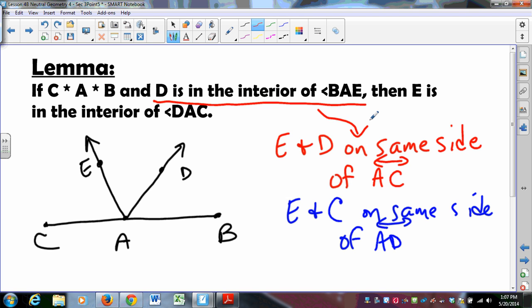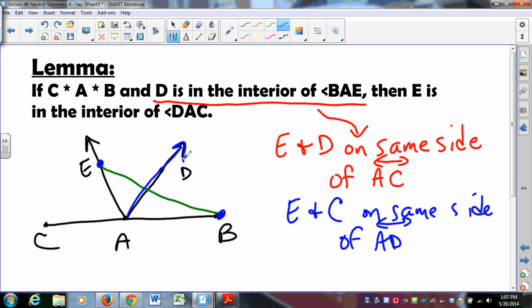And that means, oh goodness sakes, here comes the crossbar theorem. AD has to intersect segment BE. If we were to draw segment BE in, AD would have to intersect it. And if AD intersects BE, then B and E are on opposite sides of this ray.